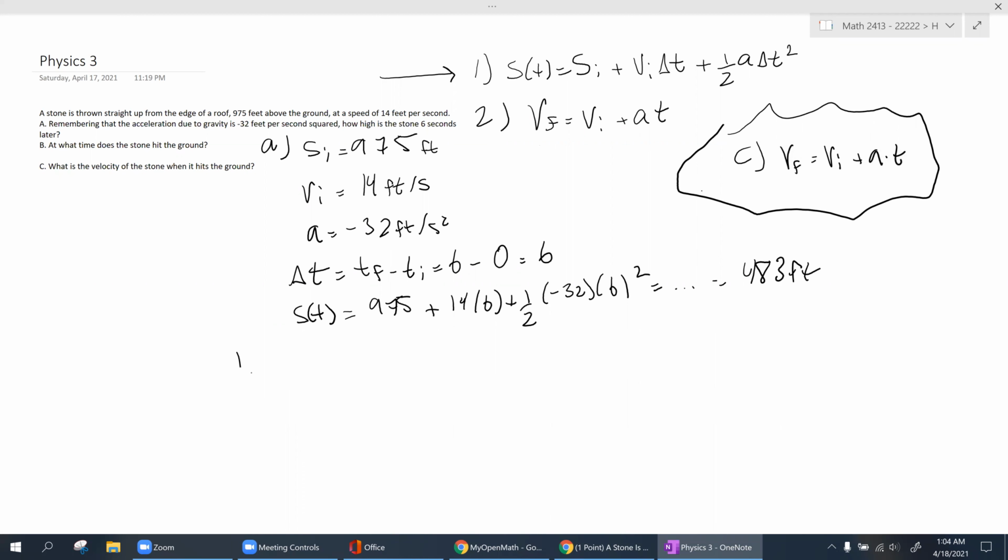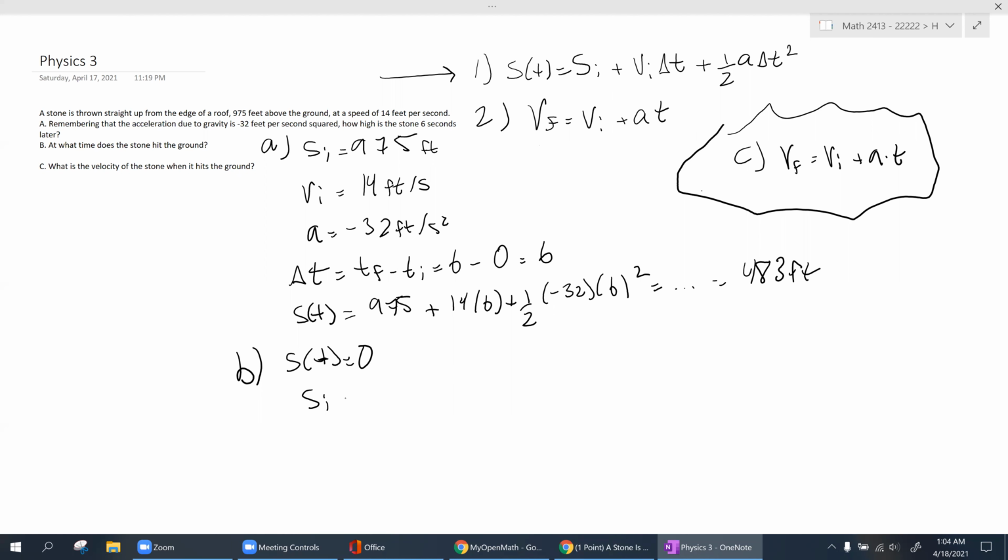So for B, what is your height whenever something hits the ground? 0. In other words, your x function is 0 if you hit the ground.